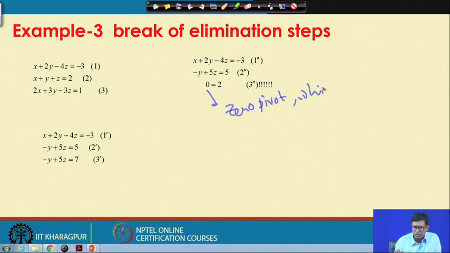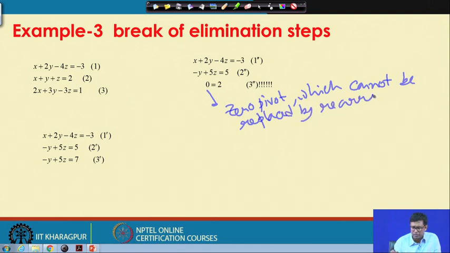A 0 pivot which cannot be replaced by rearranging the orders of the equations.